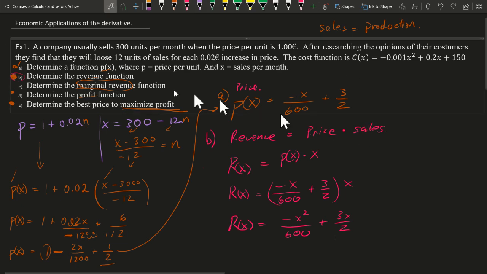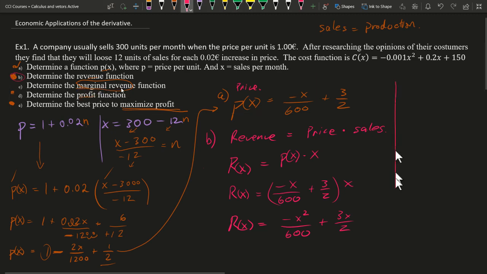All right. Now, part C, we actually don't really need to do in order to maximize profit, but I'll do it anyway, because there could be other questions that ask you for the marginal revenue. And essentially, part C, marginal revenue, is just the rate of change of the revenue in terms of sales.